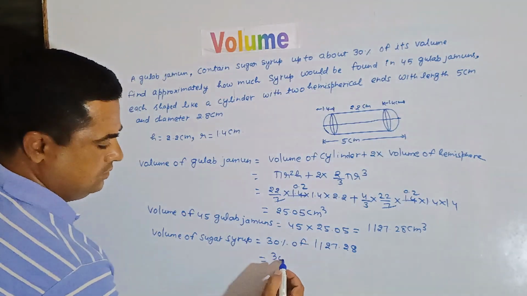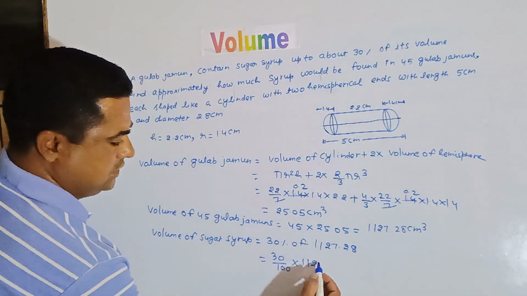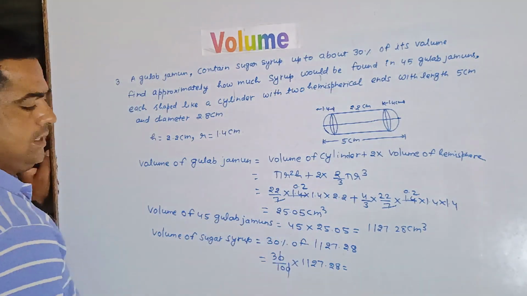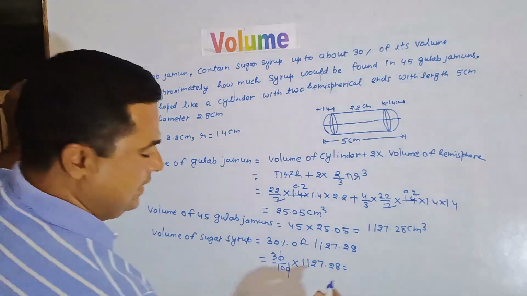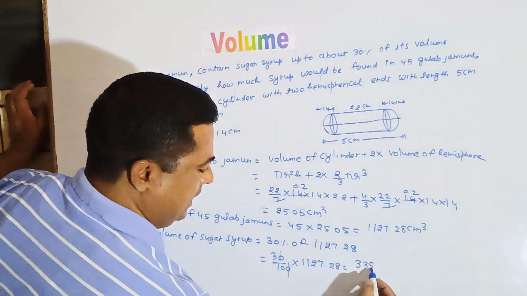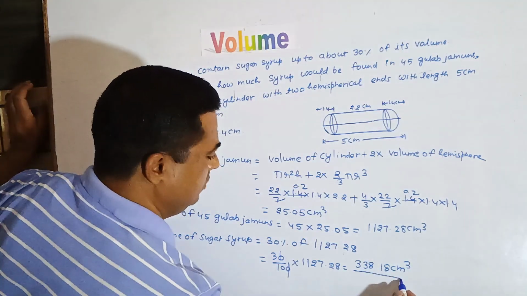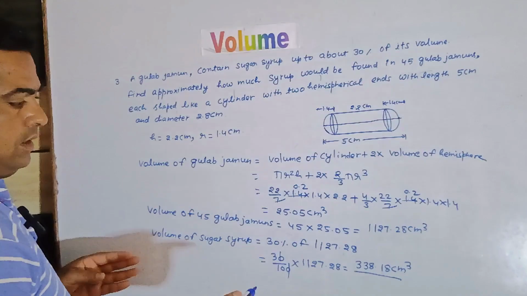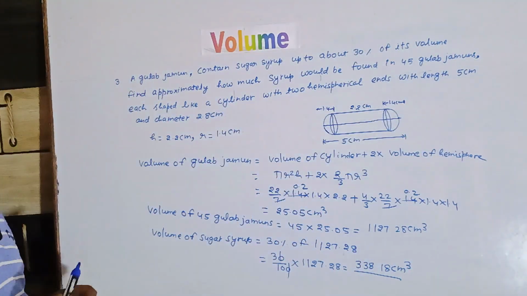You will calculate 30 upon 100 into 1127.28. The zeros cancel out, so you multiply by 3 and divide by 10. We will get 338.18 centimeter cube. So students, this will be the amount, the volume of sugar syrup.